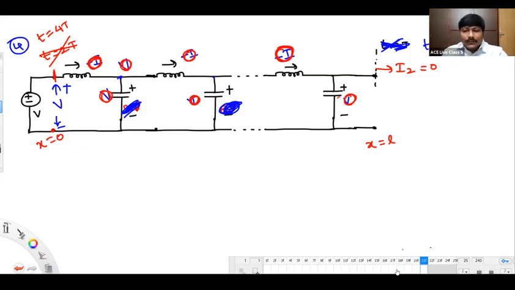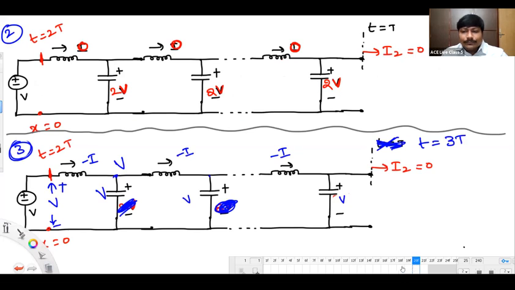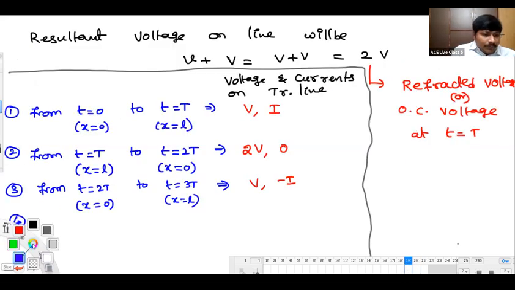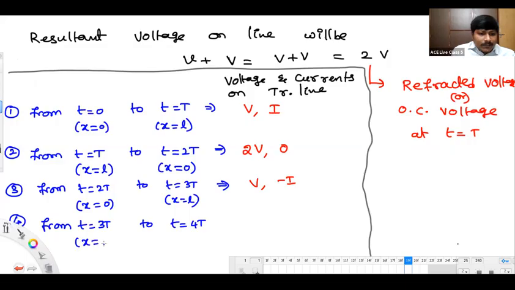I will write here: from the time 3t to 4t, means x equals L to x equals 0, voltage becomes 0 and current also becomes 0. Voltage and current, both values will become 0.